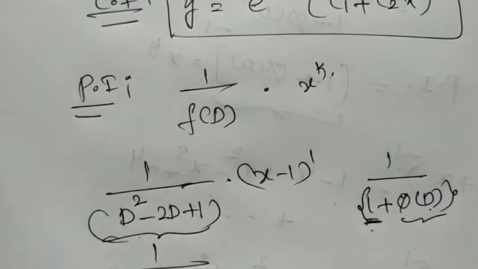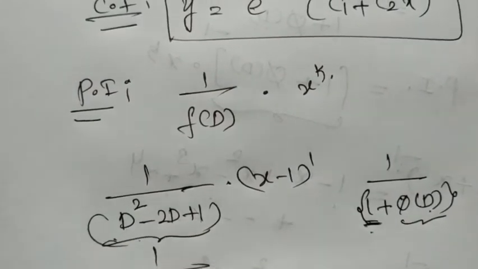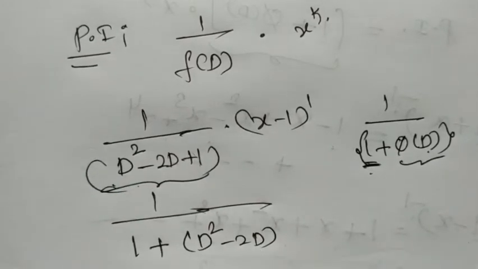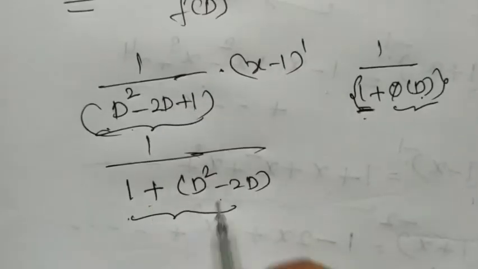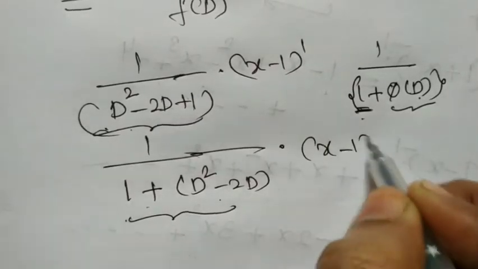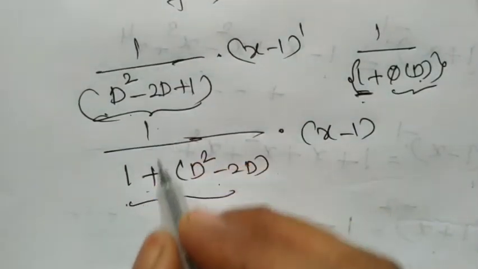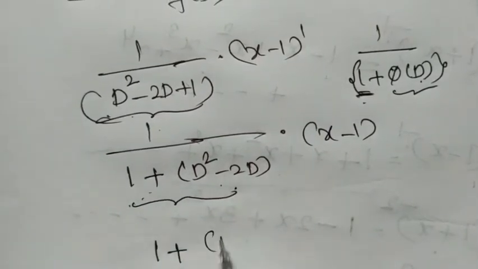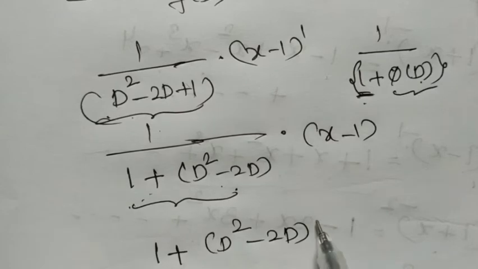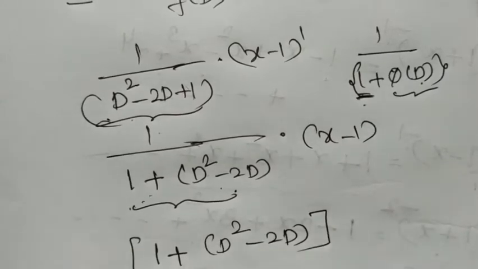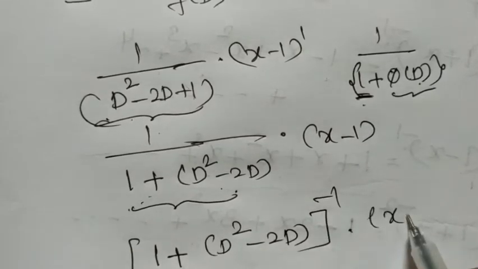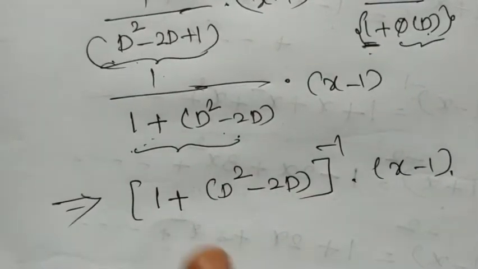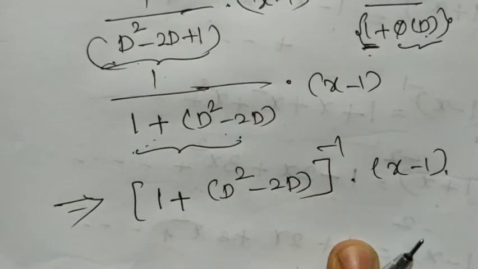Here I am writing this as 1 plus (D square minus 2D), which is in the form of 1 plus phi(D), into x minus 1 as it is. So 1 by (1 plus phi(D)) can be written as (1 plus (D square minus 2D)) whole power minus 1 into x minus 1. Finally we get the form of method 3.